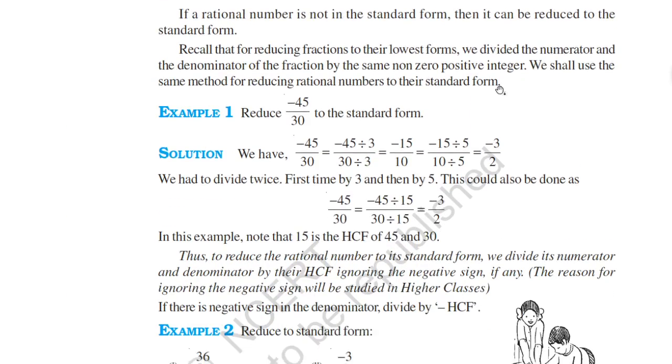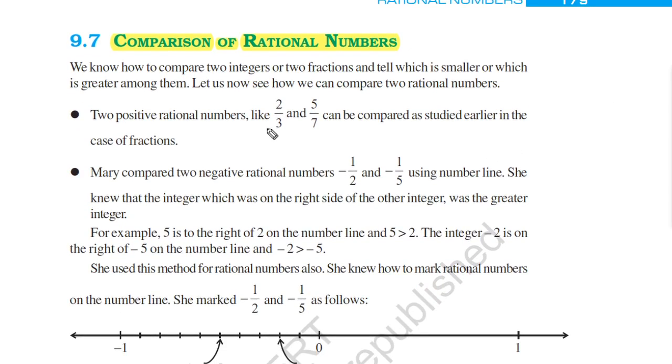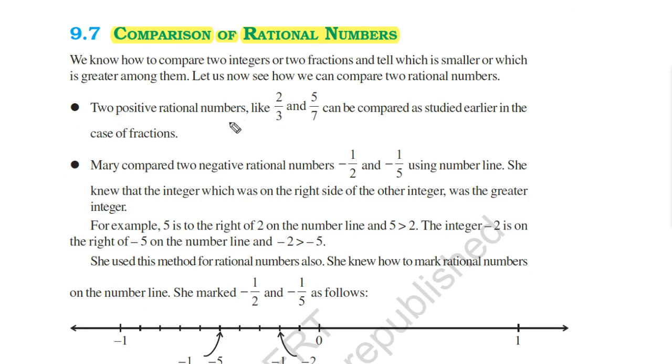Now we will move to comparison of rational numbers. For this we can take two positive rational numbers. We will move to negative rational numbers later. So first we will take two positive rational numbers like 2 by 3 and 5 by 7. Now you studied earlier in fractions how to compare them. In the same way we will compare the rational numbers.